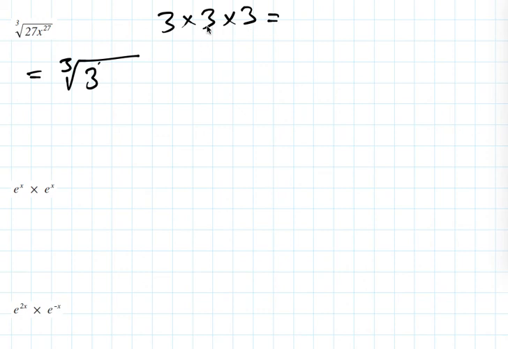So 3 times 3 is 9, 9 times 3 is 27, so 3 cubed is the same, and then you've got x, and for the exponent, you could go 3 times 9, right? So the 3 gets cancelled, and that's gone, so you're left with 3x to the power of 9.